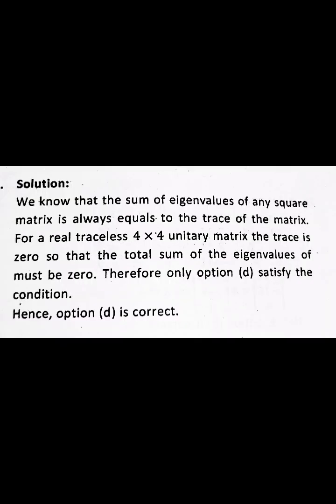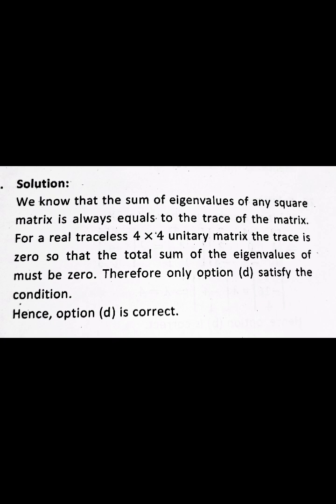Next question is, a real traceless 4 into 4 unitary matrix has two eigenvalues minus 1 and plus 1. The other eigenvalues are dash. Here it is given that it is a traceless matrix. Traceless matrix means the trace is 0. So we know that the trace is the sum of the diagonal elements.